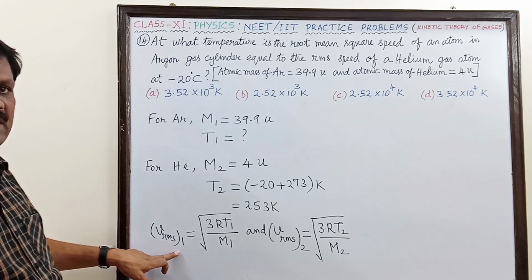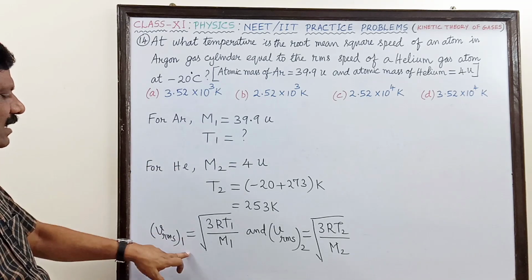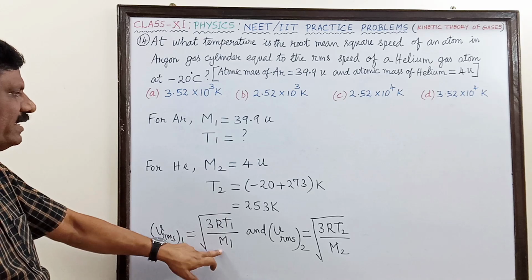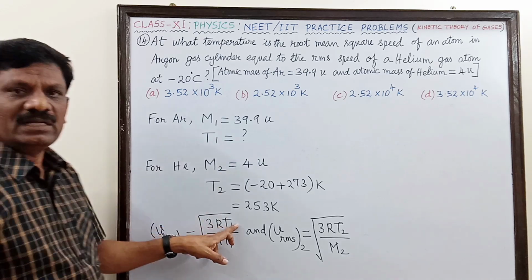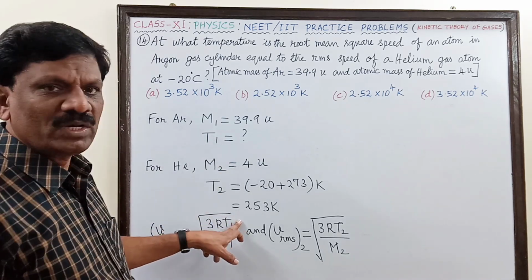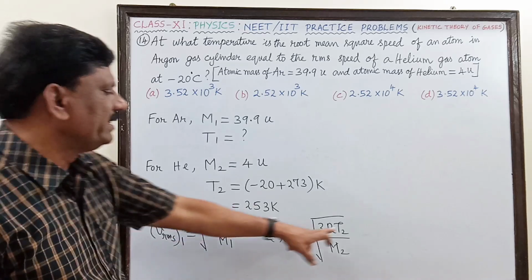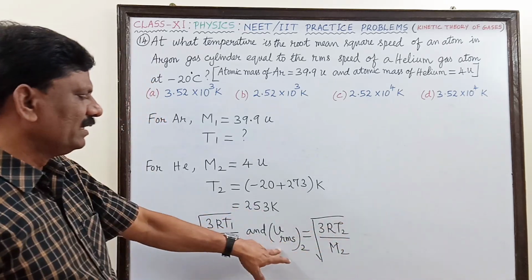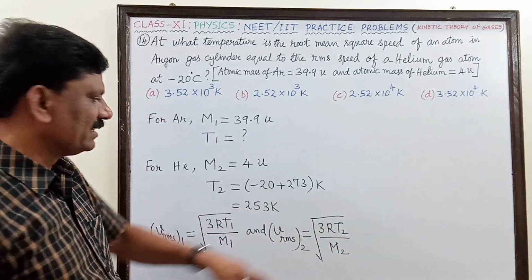For the first gas, argon, we substitute M1 in the denominator and T1 in the numerator, and we have to find T1 only. Likewise M2 and T2 must be substituted in the Vrms for the second gas.